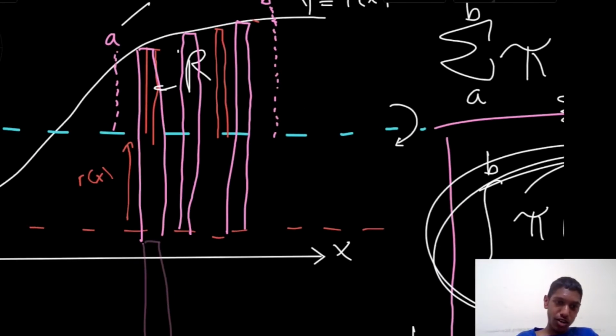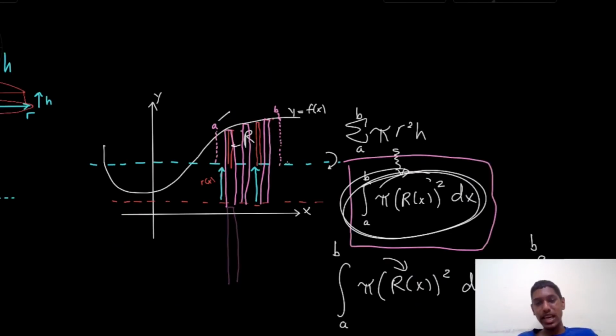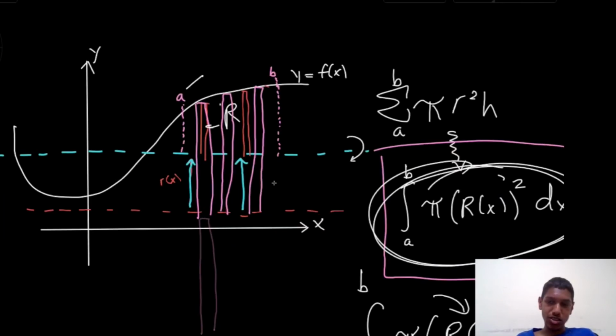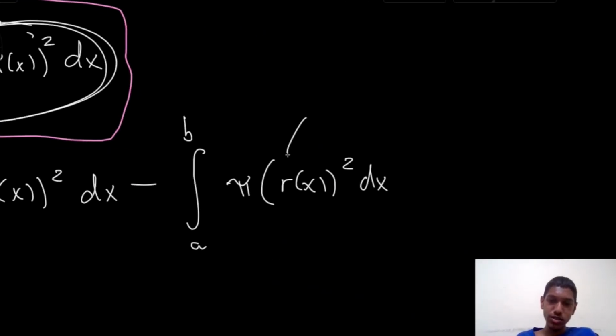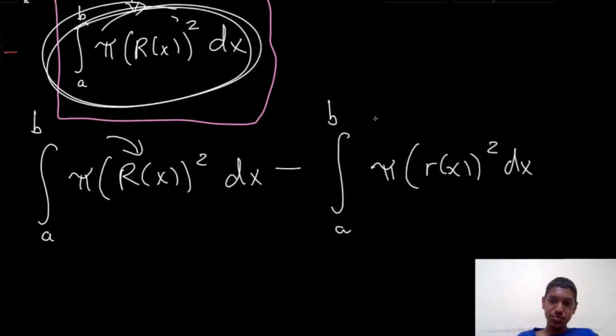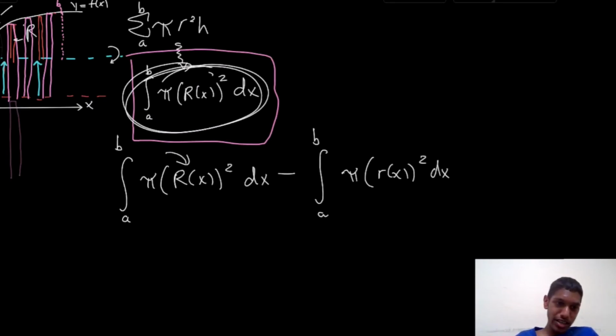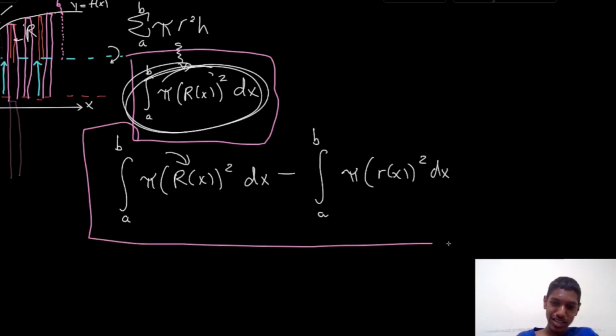The small r of x, in this case, happens to be constant throughout the whole interval from a to b, right? At this x it's that, and at this x it's also that. But that may not be the case where you have a constant r function, so you leave it as a function. And this right here is basically the other formula that you use.